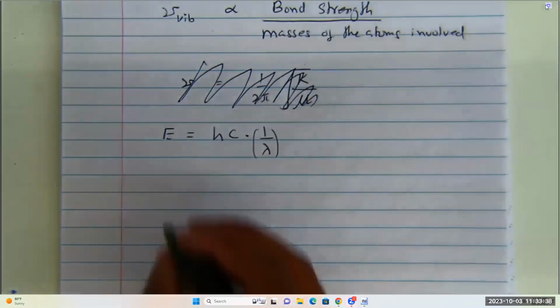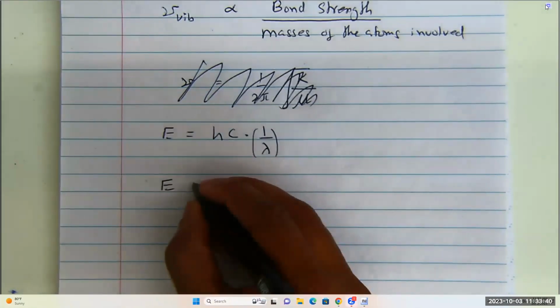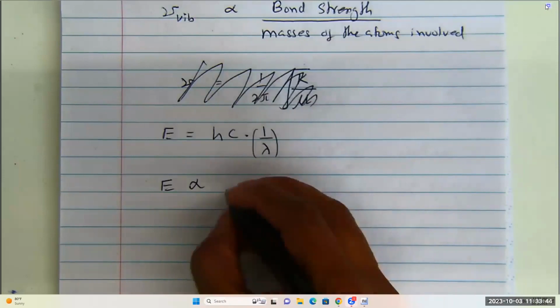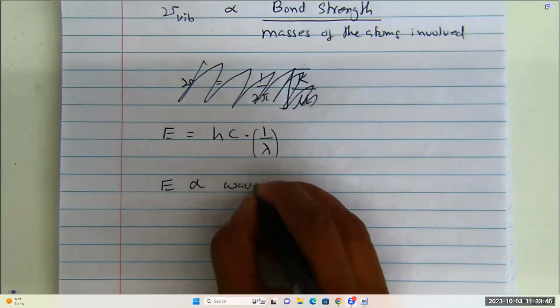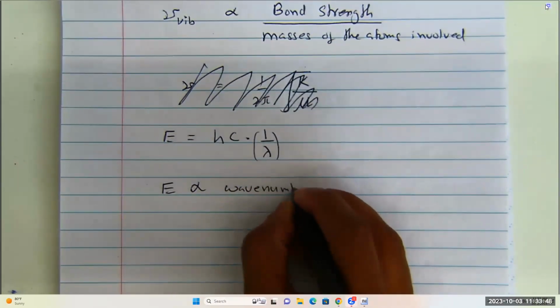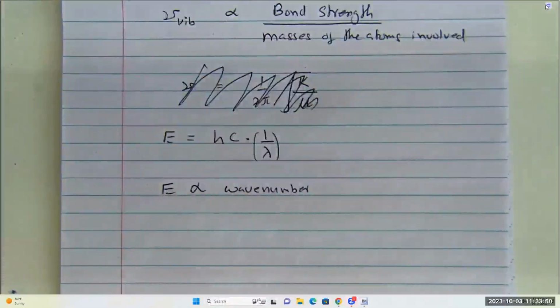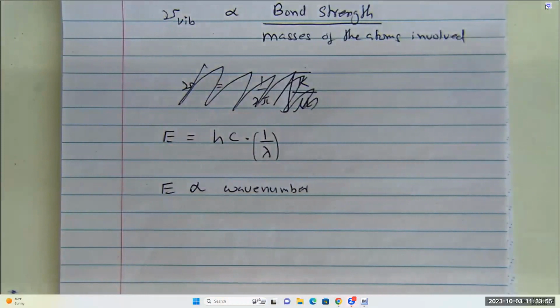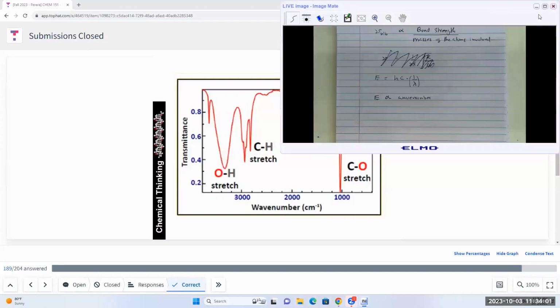So what this tells us is this energy is directly proportional to 1 over lambda, which is the wave number. In other words, the higher the wave number, the higher the energy. So now we go back to our question.